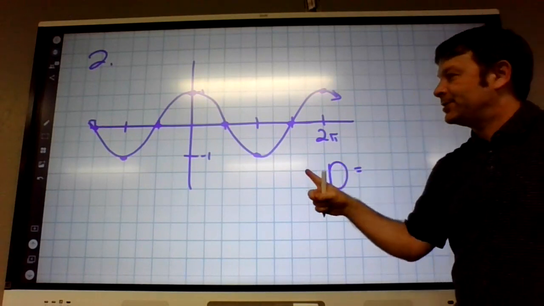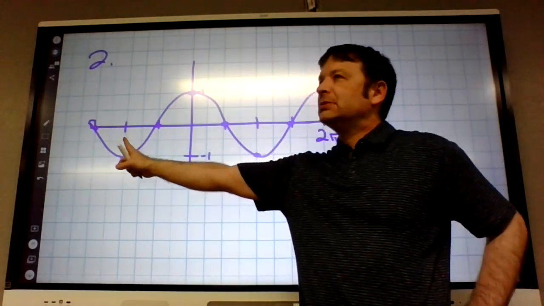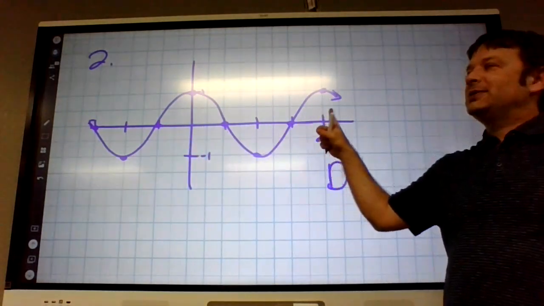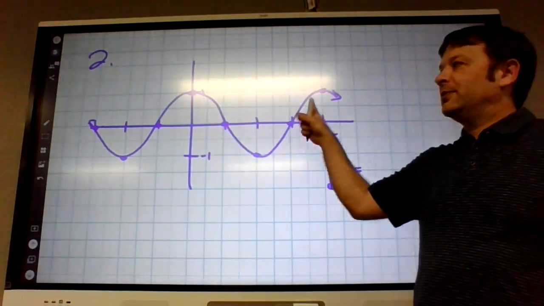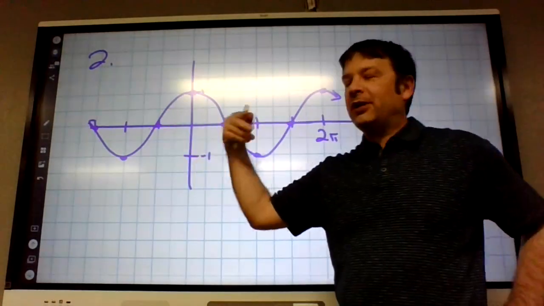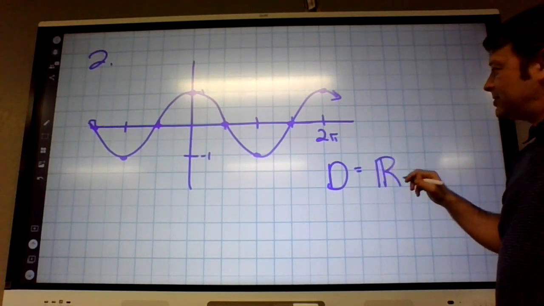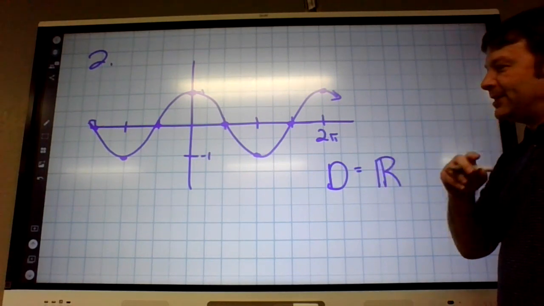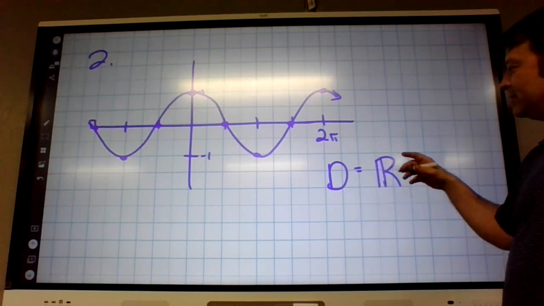What is the domain for these graphs? Okay, domain is x values. So what x values are we using? All of them. So that is all real numbers. I want to mention this because I feel like most textbooks don't use the all real numbers thing.